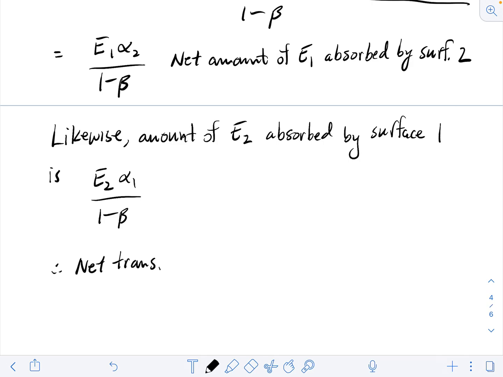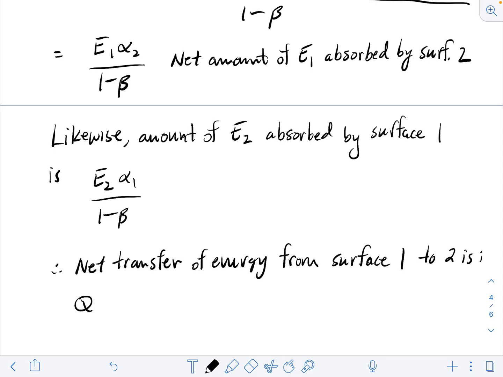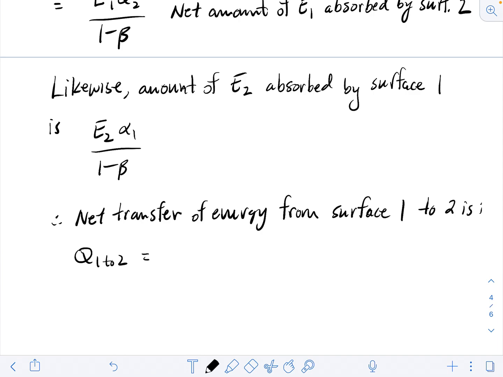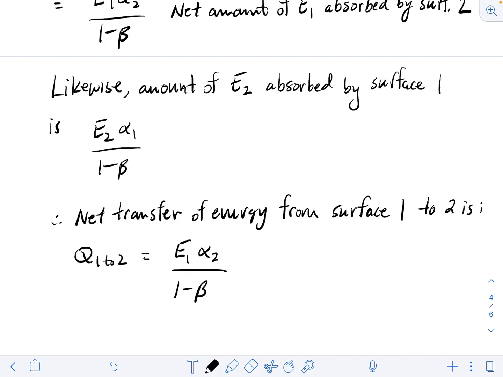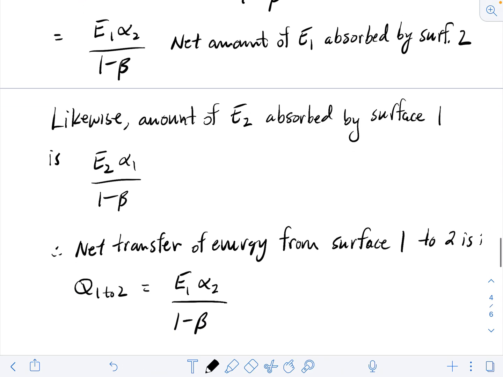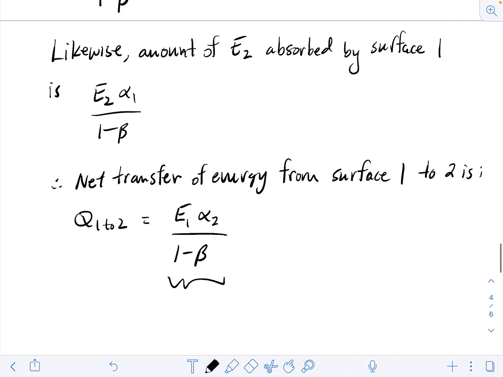All right, so the net transfer of energy from surface 1 to 2 is, okay, so from surface 1, energy E1 times alpha 2 divided by 1 minus beta is the amount of energy that is transferred from 1 to 2.